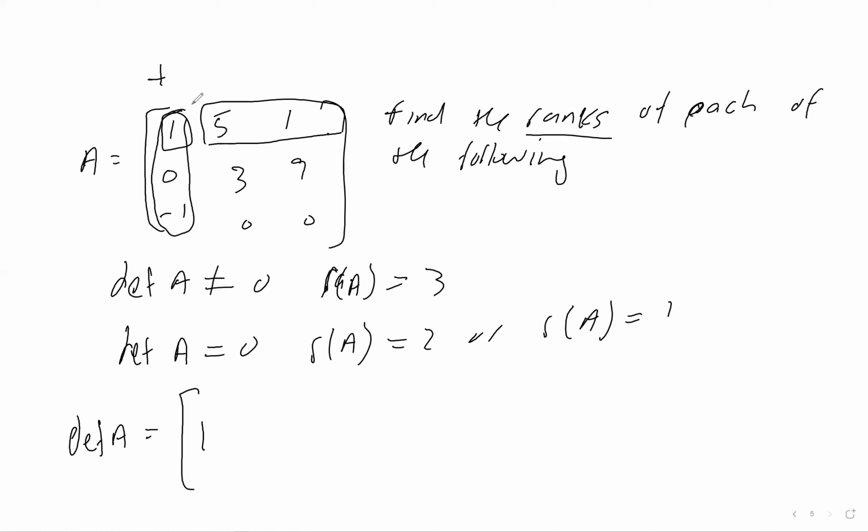Always you take the signs plus, minus, and plus. So you have a positive here, nothing negative in front of it. Then you multiply it by the determinant of these four, so you have 3, 9, 0, and 0.